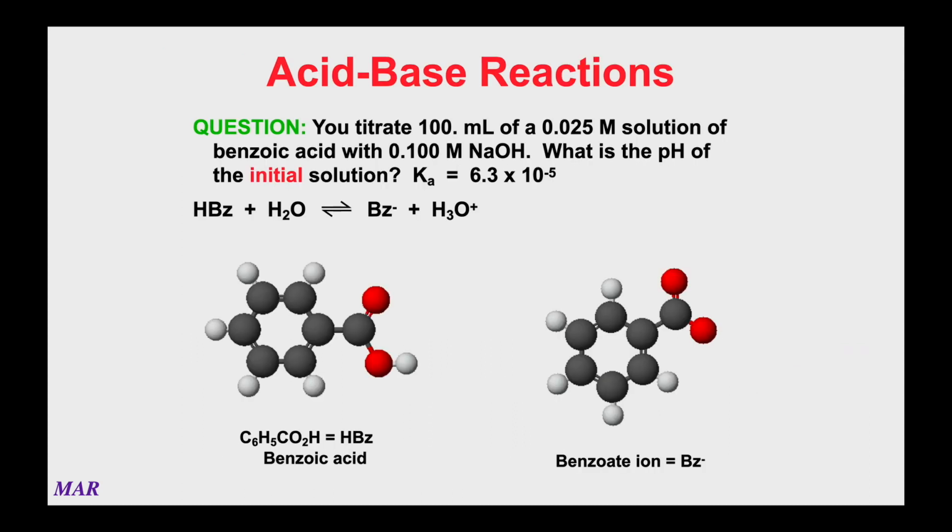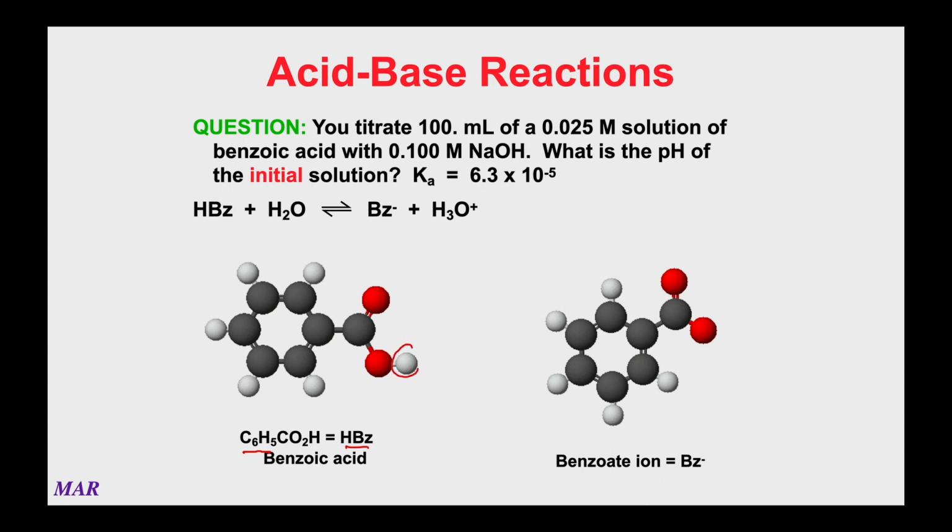Let's do a problem. This is a question where we have 100 milliliters of a 0.025 molar benzoic acid solution. Now, benzoic acid is a benzene ring, C6H5, with essentially a carboxylic acid group on it, COOH. I'm going to abbreviate this HBZ because that's too many atoms and stuff like that.